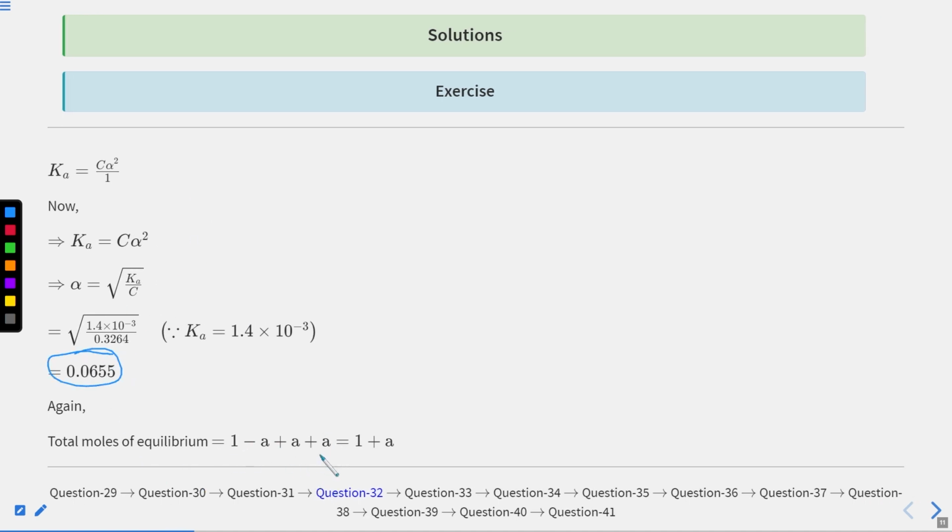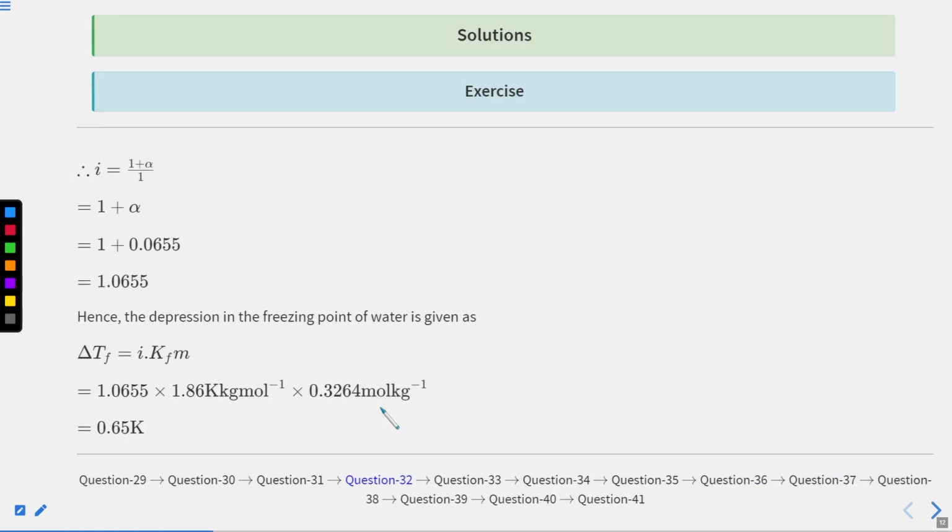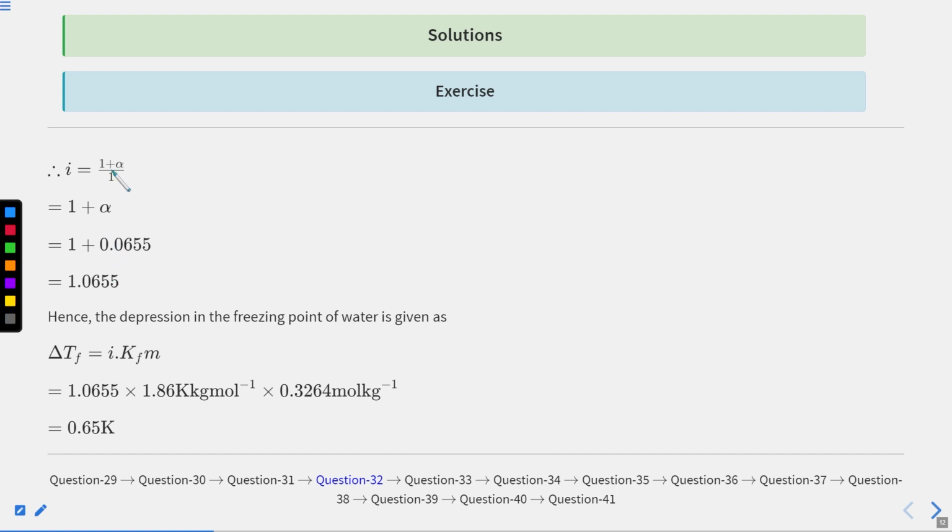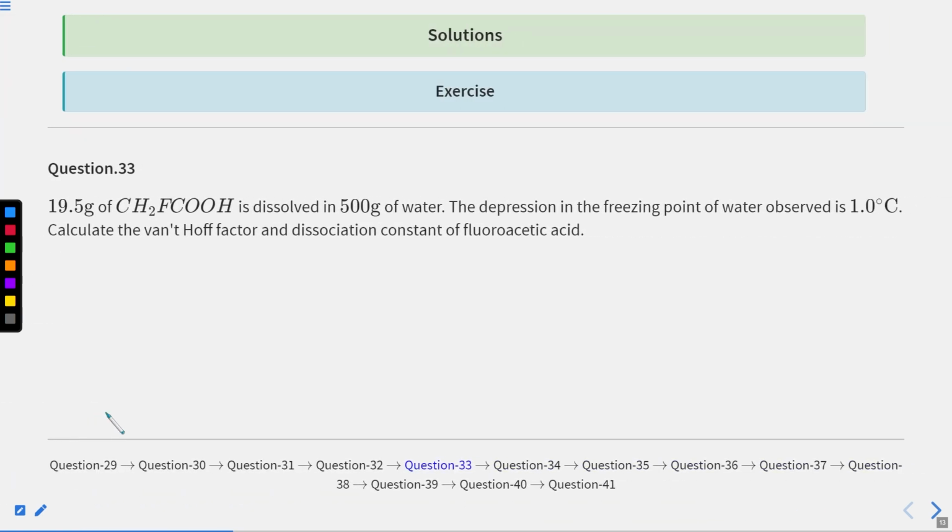Therefore total number of moles at equilibrium is 1 minus α plus α plus α, that would give us 1 plus α. So this is the value of i, that is 1 plus α by 1, that is 1.0665. So we got i, we got Kf and m, we can calculate the depression in freezing point.